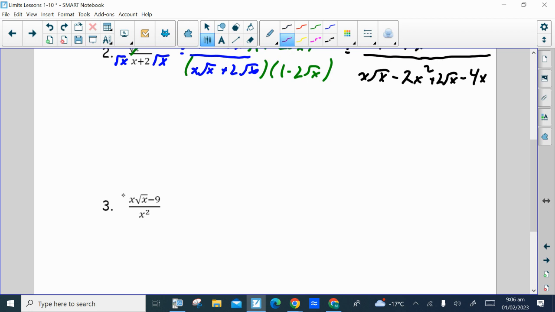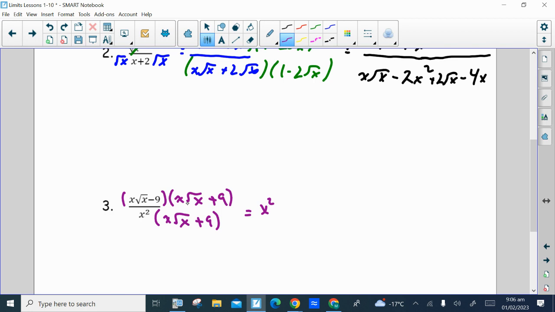So for number 3, we're going to multiply top and bottom by the conjugate of the numerator, which would be x root x plus 9. So when we FOIL out the top, x times x is x squared.